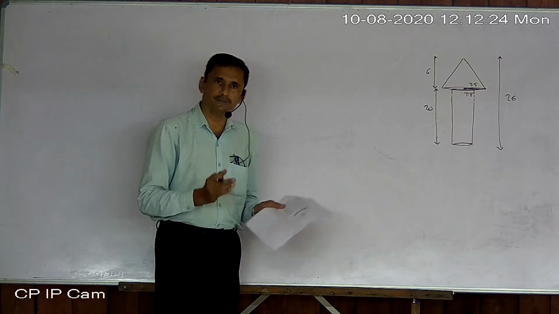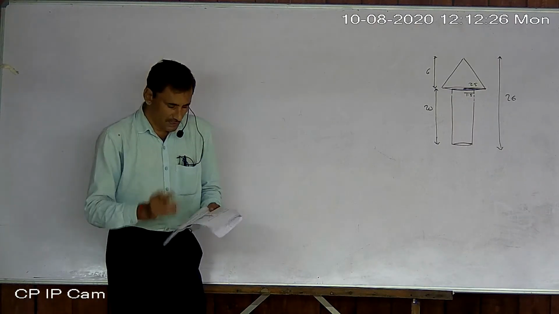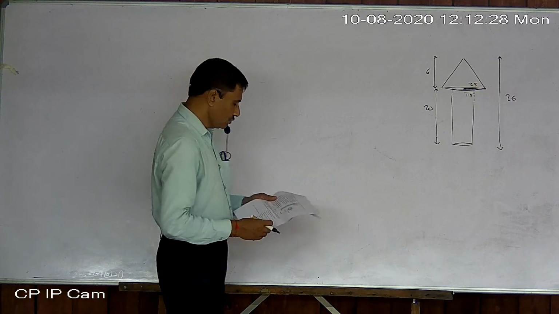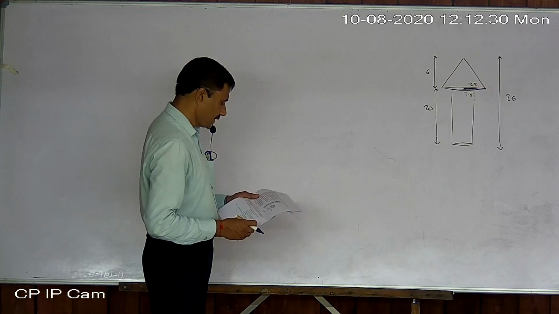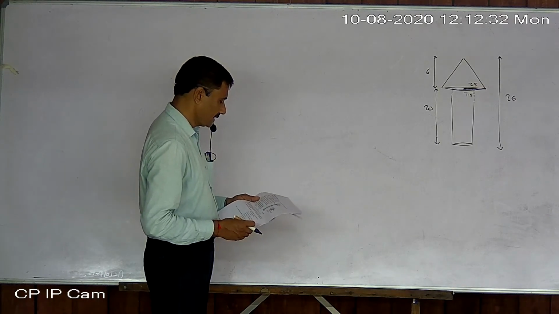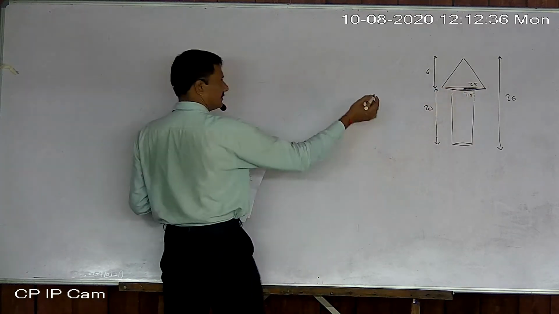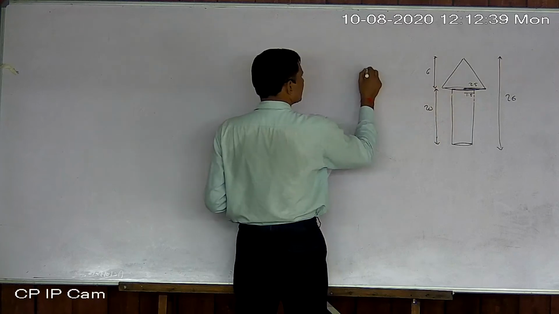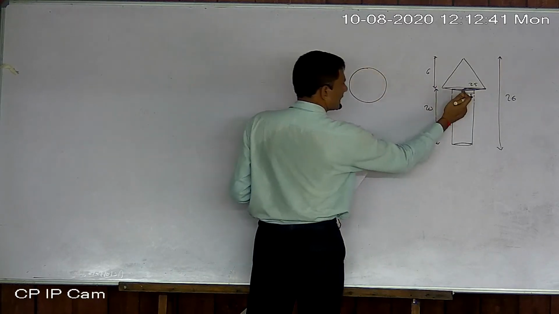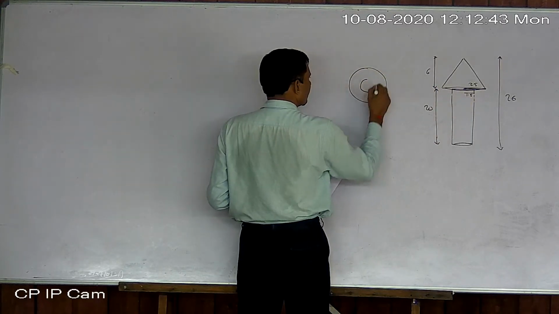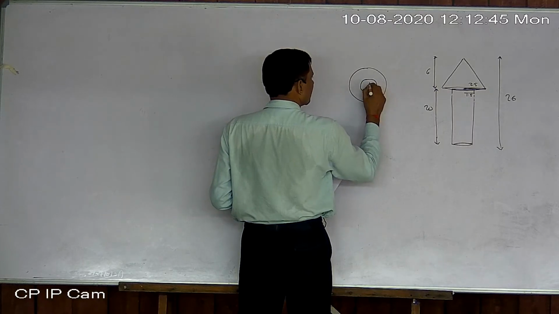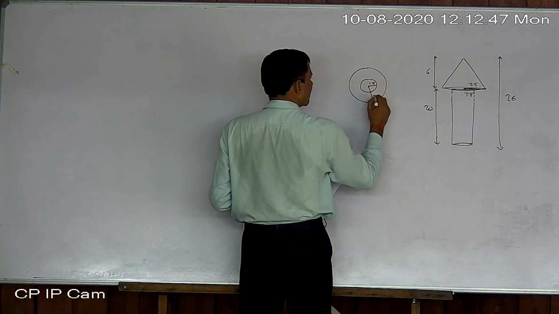Now we want to paint different parts by different colors. They want to paint the conical portion by orange color. So in the conical portion, how much will it be? Here we can see the cross section of that part. Just look here. This will be 1.5 and the whole will be 2.5.